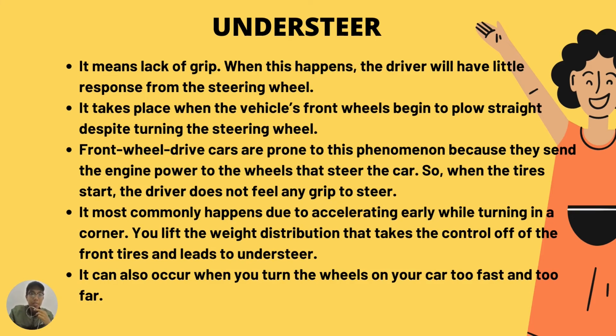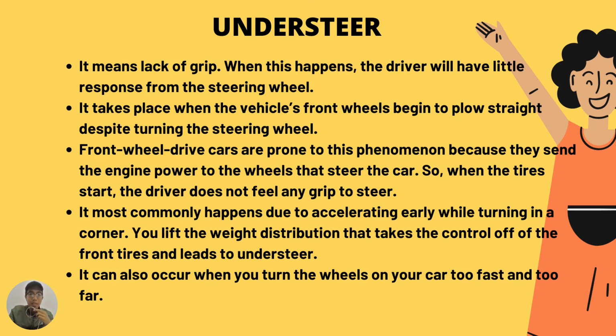Understeer means lack of grip. When this happens, the driver will have little response from the steering wheel. It takes place when the vehicle's front wheels begin to plow straight despite turning the steering wheel. Front-wheel drive cars are prone to this phenomenon because they send the engine power to the wheels that steer the car.